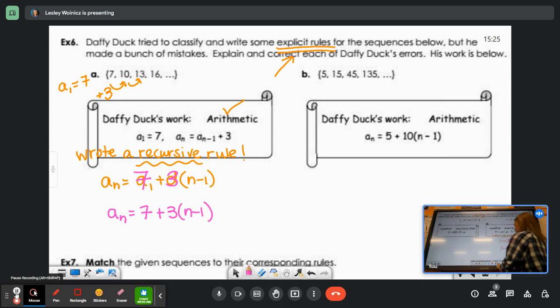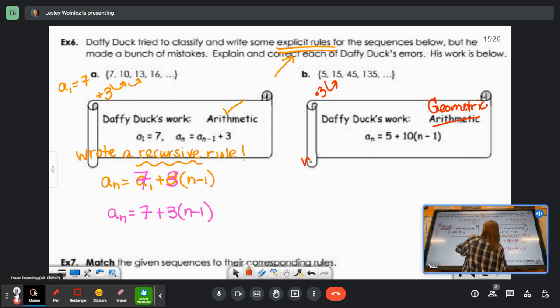All right, what about this one? Okay, starts at 5, and what's happening? Oh, times 3. So is it even arithmetic? It's geometric, so let's change that for Daffy. So it looks like Daffy only looked at the first 2 terms of the sequence where we added 10, and so he assumed it added 10 every time, but it's actually multiplying by 3 every time.